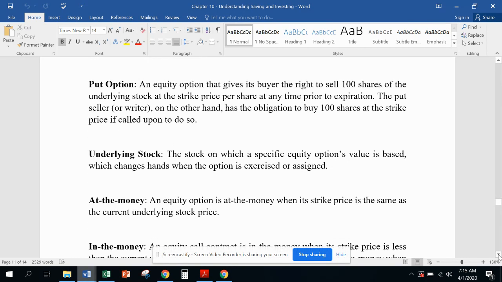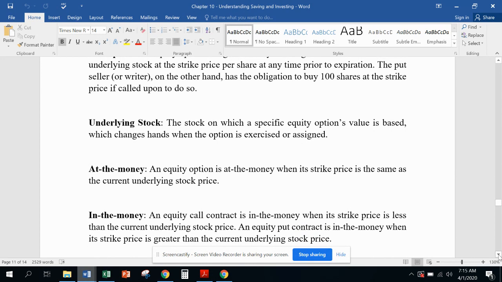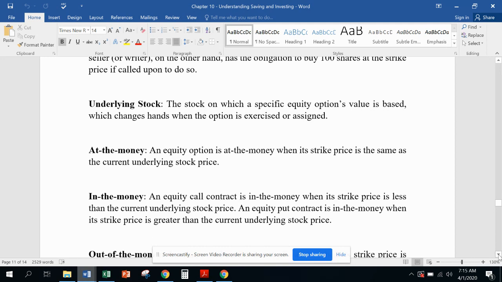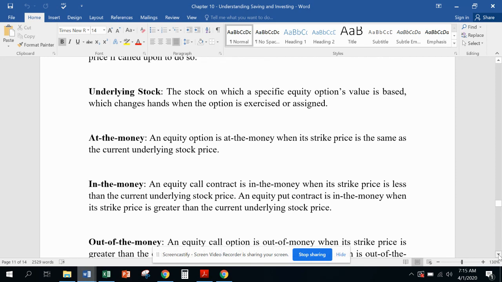Okay, so when we talk about the underlying stock, any call or put option is attached to either an index or a stock or a commodity, or you name it. So that's the underlying investment, underlying security, or in this case, the underlying stock.